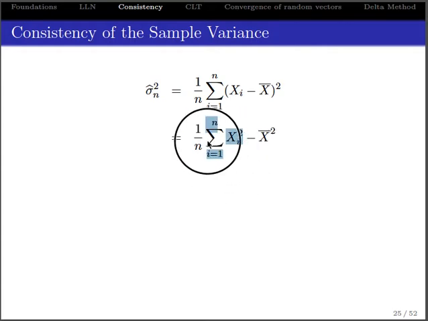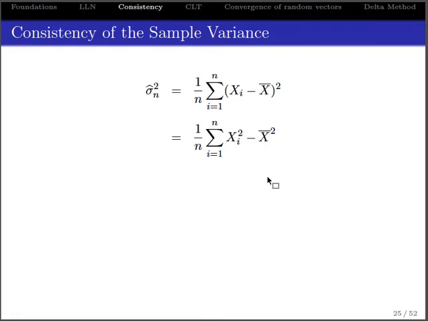So this part is going to go almost surely to the expected value of x squared, and then minus x bar squared. You know that x bar goes almost surely to the expected value of x, call it mu. And by continuous mapping, that x bar squared is going to go to mu squared almost surely.